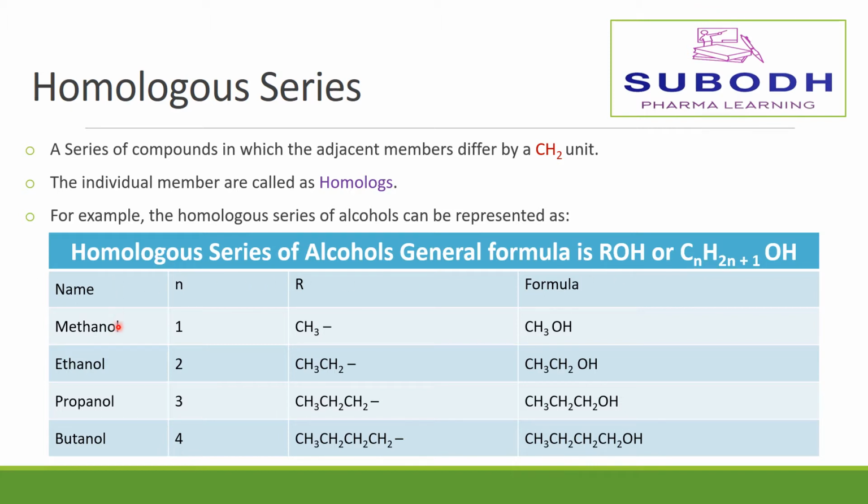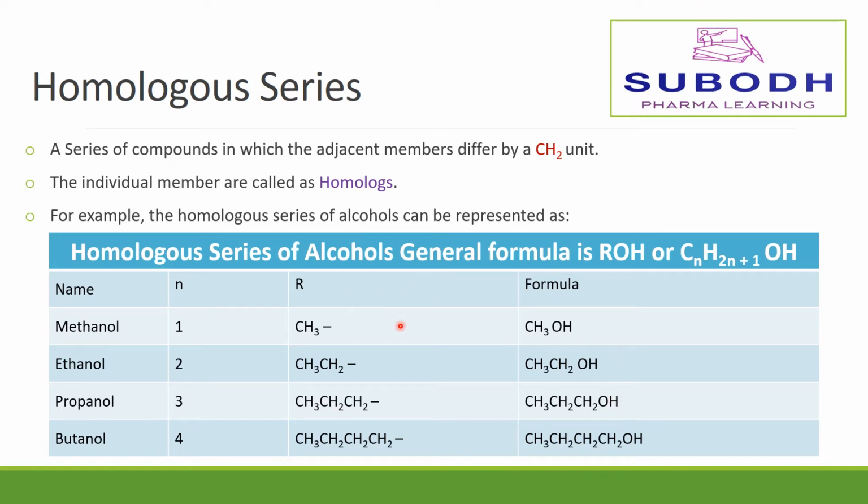The first column represents the name of alcohol. The second column represents the number of carbon atoms present in it. The third column represents the hydrocarbon portion, and in the last column the formula of alcohol is given.